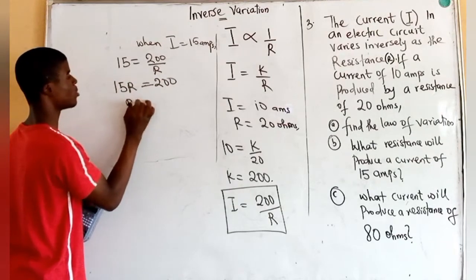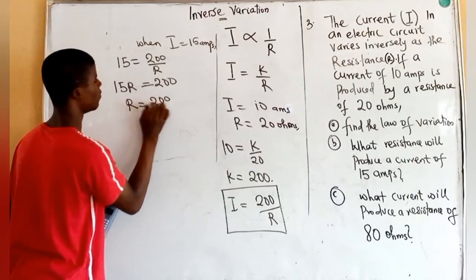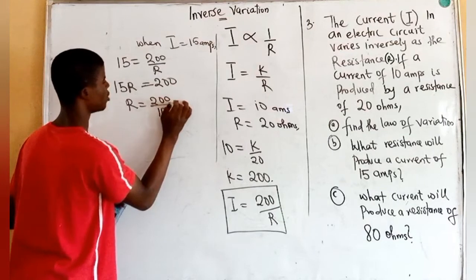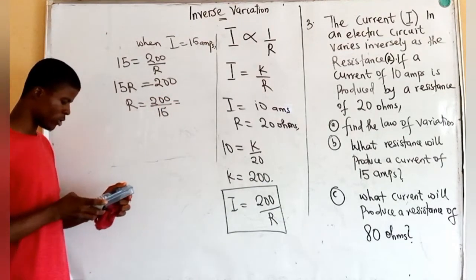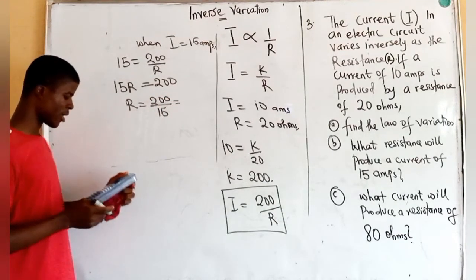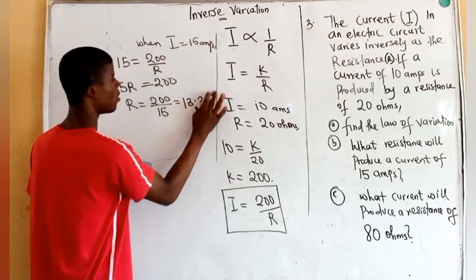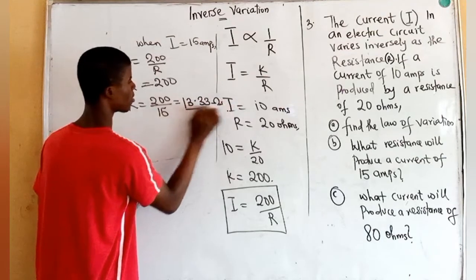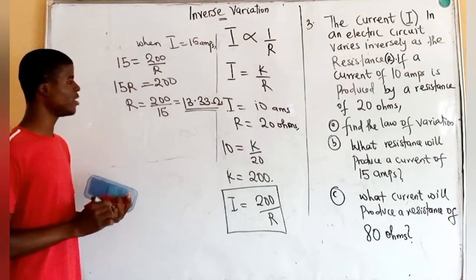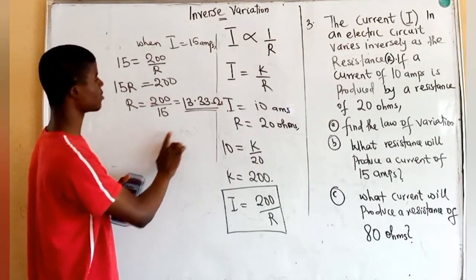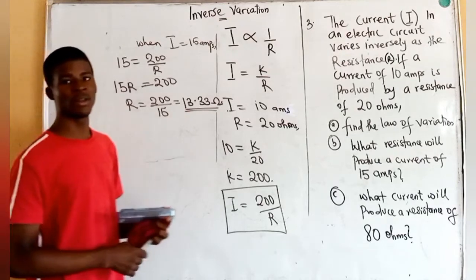So the resistance will be equal to 200 over 15, which is 200 divided by 15. That gives us 13.33 ohms. So when the current is 15 amps, the resistance is 13.33 ohms.